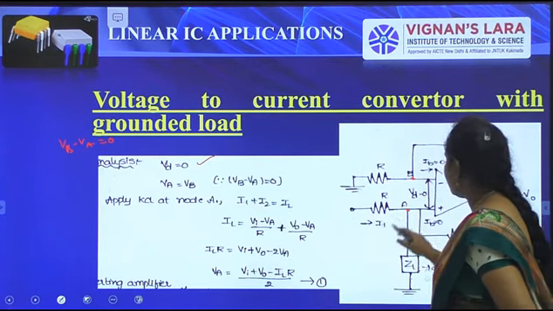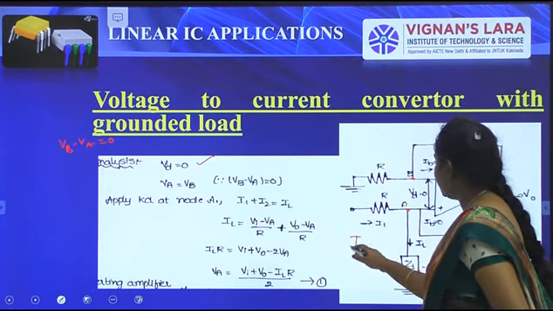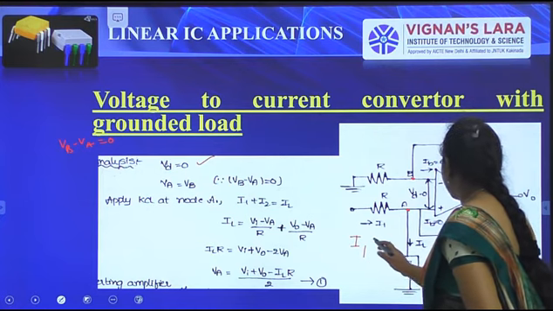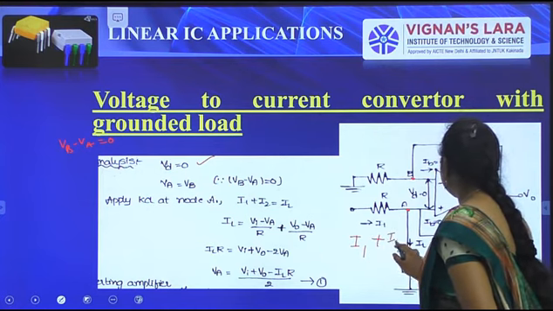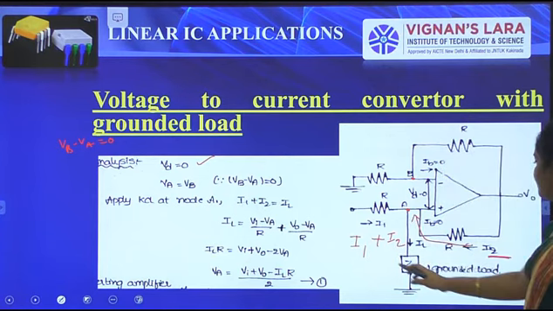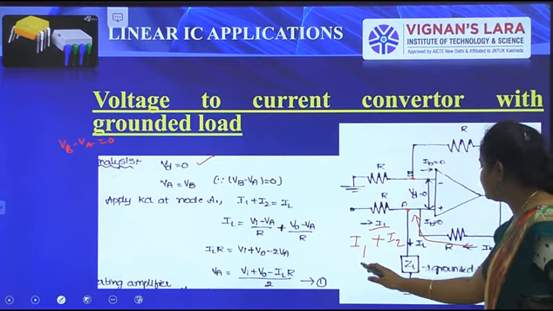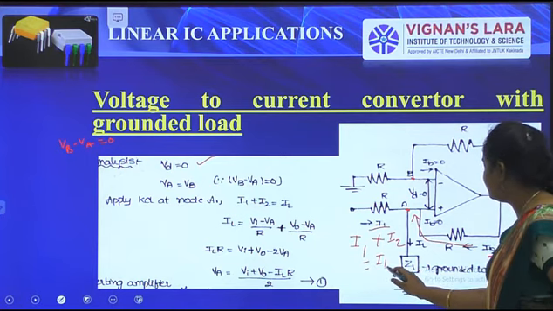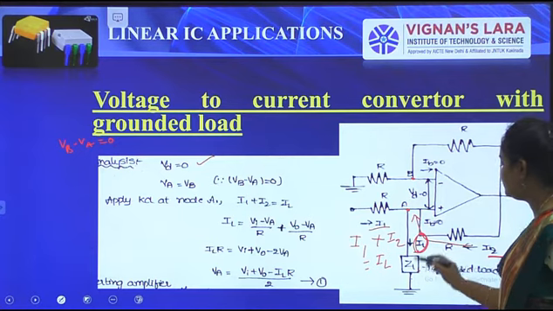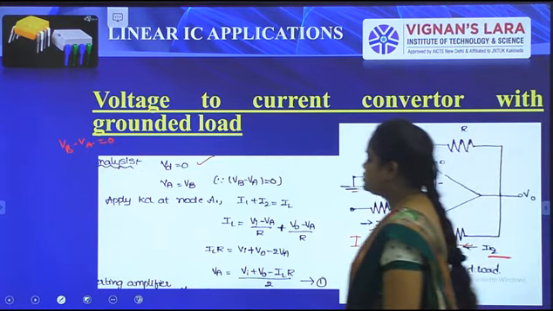In the nodal analysis, the entering currents are I1 and I2, and the leaving current is IL, the load current.